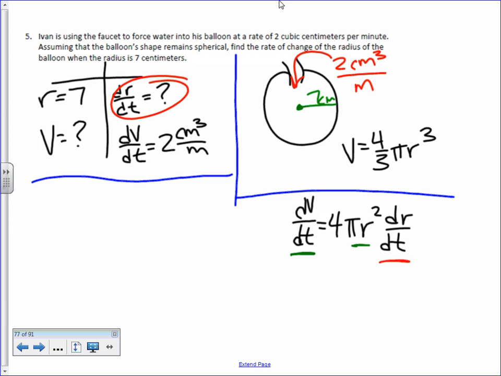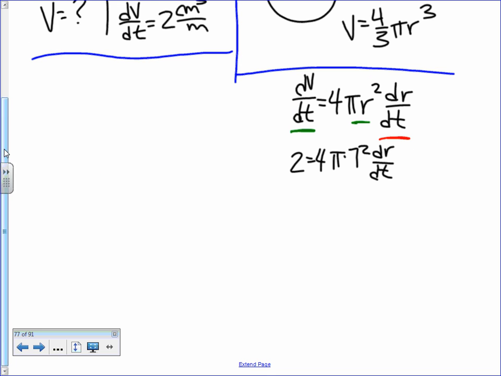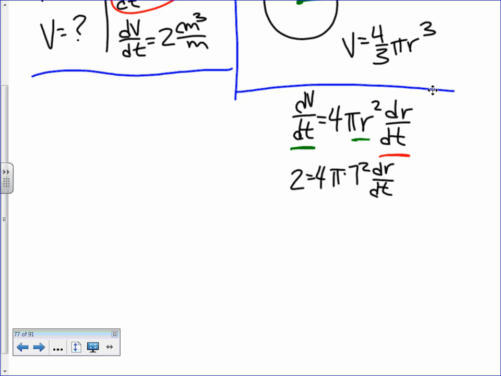Okay, so this problem's actually pretty easy. All we got to do is plug right on in. So dV dt is 2 equals 4 pi. Now r is 7 times 7 squared dr dt. Okay, I'm going to give myself a little room down at the bottom. So 7 squared is 49 times 4. That's 196. So 196 pi dr dt.